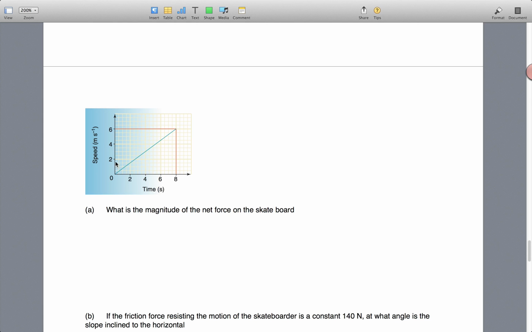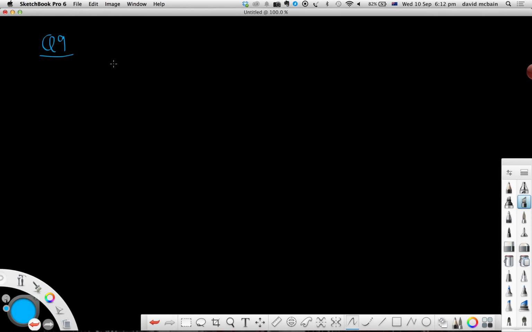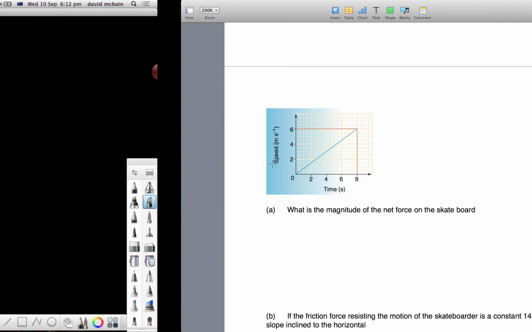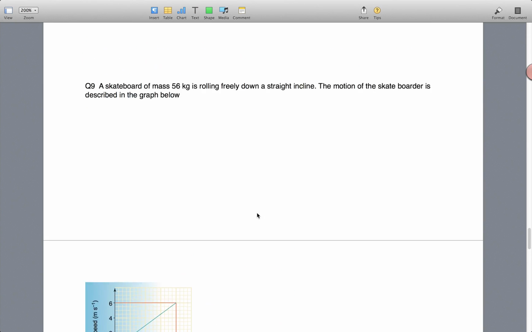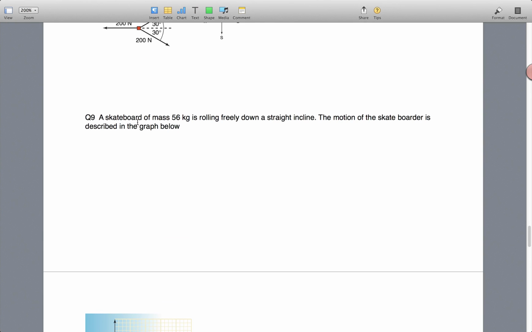The rise is 6 and the run is 8, so the acceleration in this problem is 6 over 8, which is 0.75 meters per second squared. So what is the magnitude? That's acceleration. Now we can work out the magnitude of the net force, because we know that the skateboard has a mass of 56 kilograms.